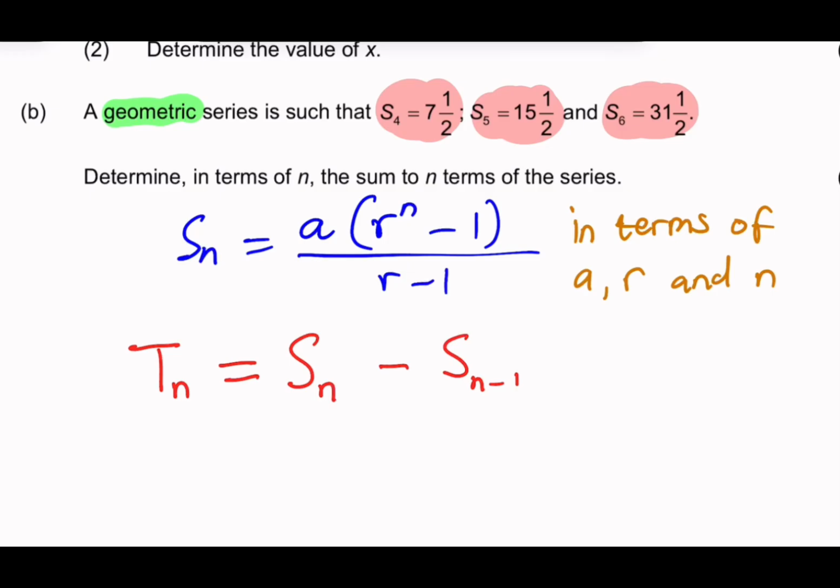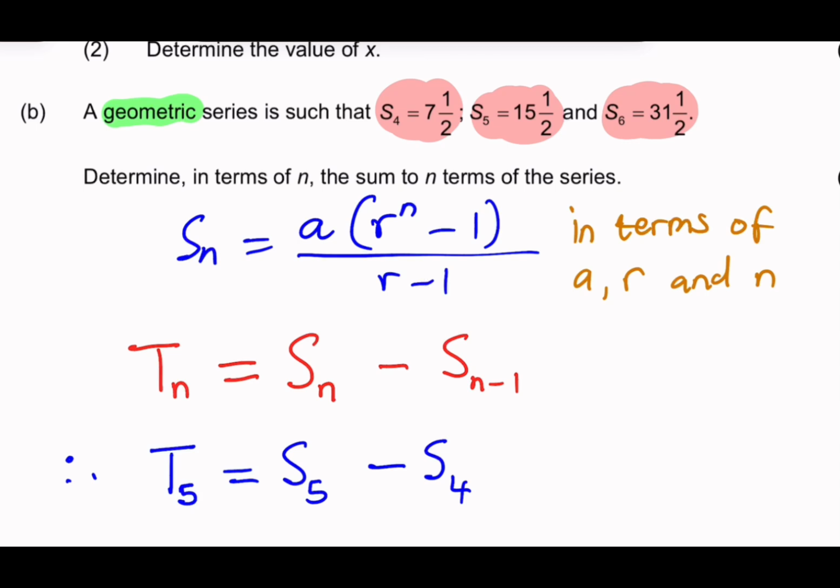Basically, if you've got S of 5 and S of 4, which we do have in this case, then you could say T5 is the same thing as S5 minus S4.